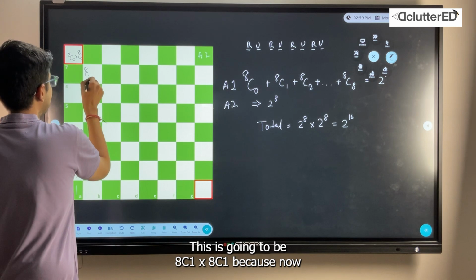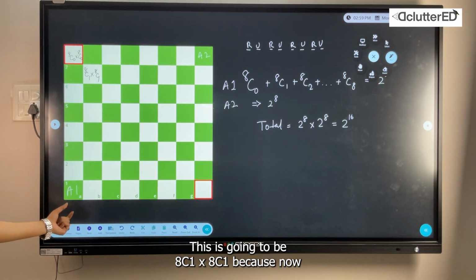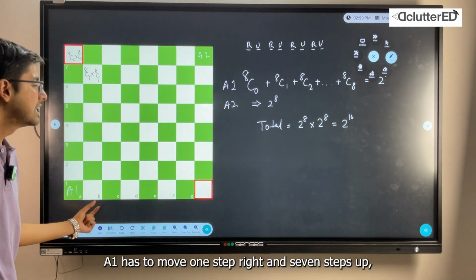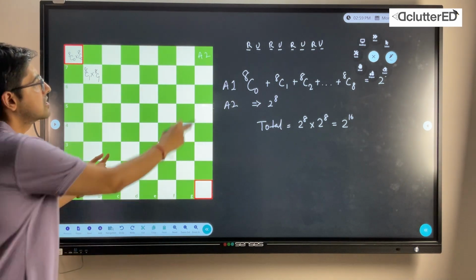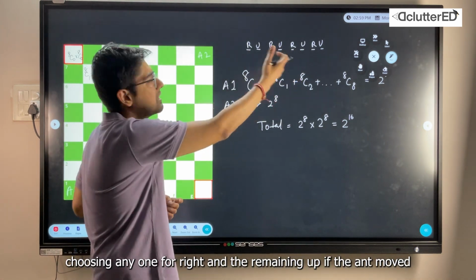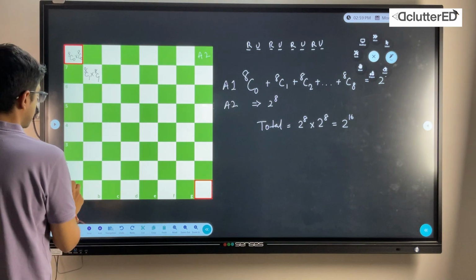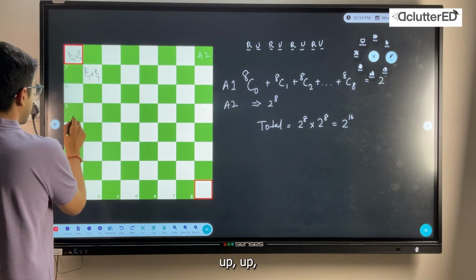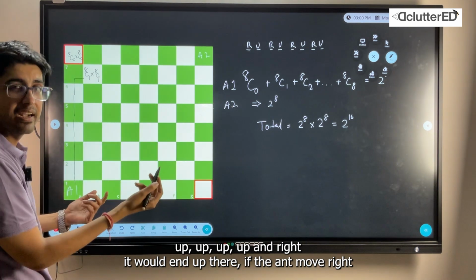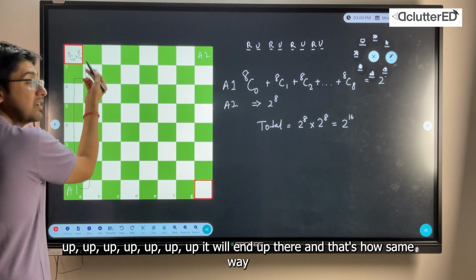This is going to be 8C1 into 8C1, because now A1 has to move one step right and 7 steps up, which is choosing any one of the 8 steps for right and the remaining up. If the ant moved up, up, up, up, up, up, up and right, it would end up there. If the ant moved right, up, up, up, up, up, up, up, it will end up there.